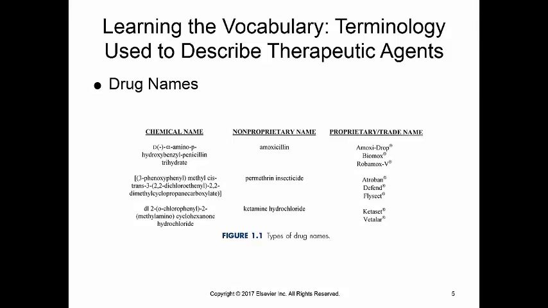So if we're not sure or there's not a trade name on it, we always use the non-proprietary or the generic name like amoxicillin. If we're using the trade name, we need to make sure that we are using, say, Biomox and not something like Amoxi-Drops when we write that down. And we always try to put the R with a circle at the end of that.